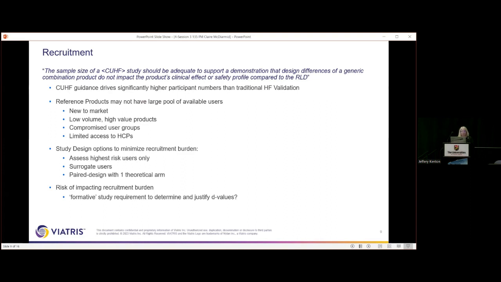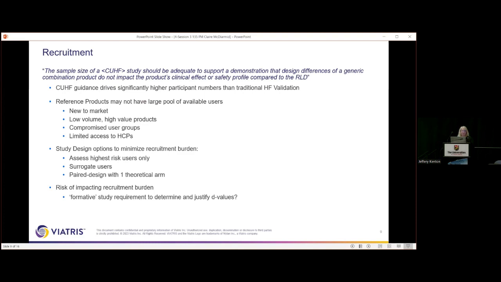We may have compromised user groups or limited access to HCPs. All of these will contribute to recruitment issues. And on top of that, the sample size determination in comparative use is in general higher, leading to higher participant numbers and potentially varying participant numbers as well to that of traditional human factors.